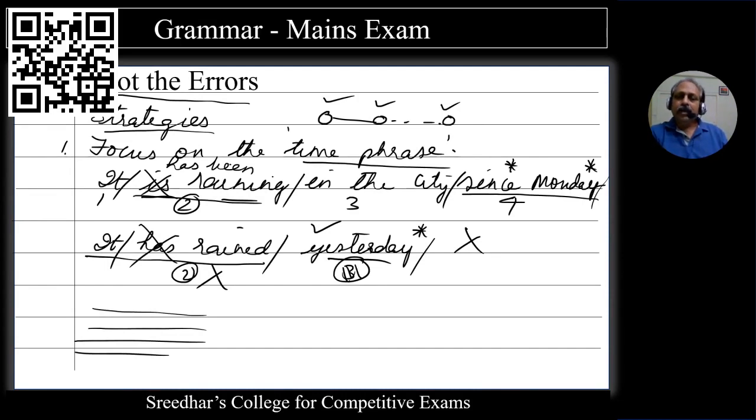Then what is the advantage if you take this particular approach? Based on the time phrase, you decide whether the sentence is right or wrong. The advantage, you know for sure where the error is. There's no ambiguity whatsoever. And when there's no ambiguity, you have answered this question. Imagine this is the second one.